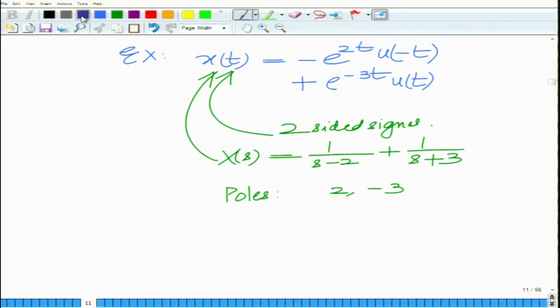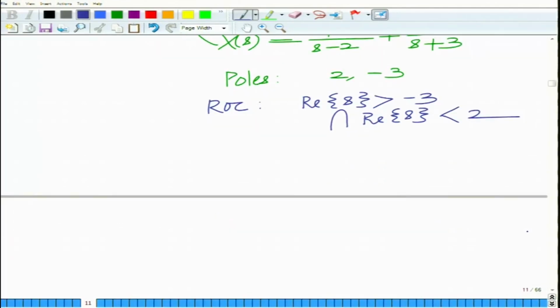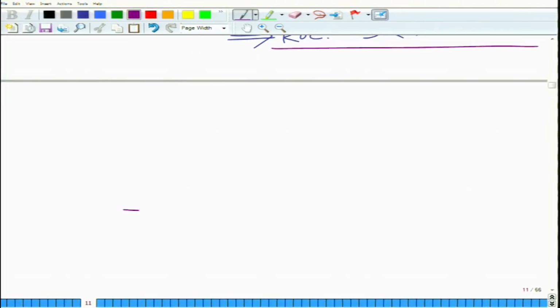The ROC will be the intersection of the ROCs of both signals, that is, real part of s greater than minus 3 intersection real part of s less than 2, which implies the ROC is minus 3 less than real part of s less than 2. So this is your final ROC.